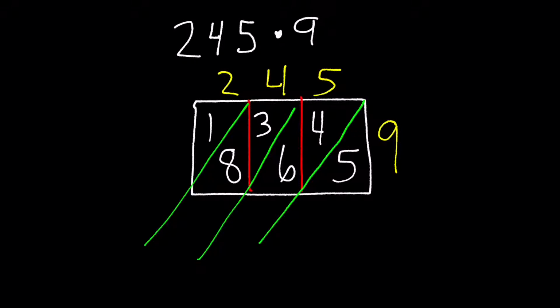So let's start off with our diagonals. This 5 is all by itself, so it's just going to be 5. Now, if we add up this diagonal, we have 4 plus 6. Well, 4 plus 6 is 10, but we are not going to write 10 down here. That would be wrong. It doesn't make any sense, because this is a place value. We can't have 10 in just a single place value.